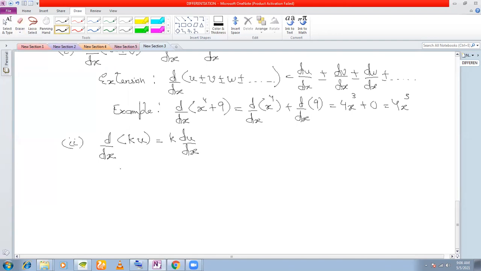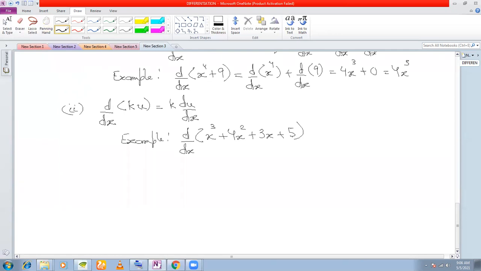Let's see. Example: if I want to differentiate this function, say x cube plus 4x square plus 3x plus 5. Suppose I want to differentiate this, then how will I differentiate according to this rule?